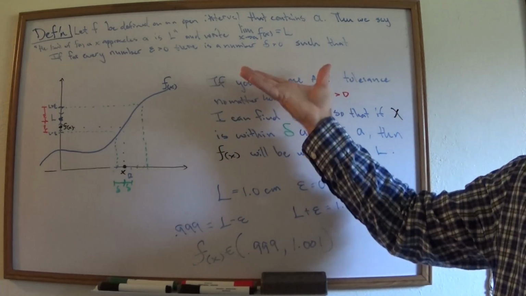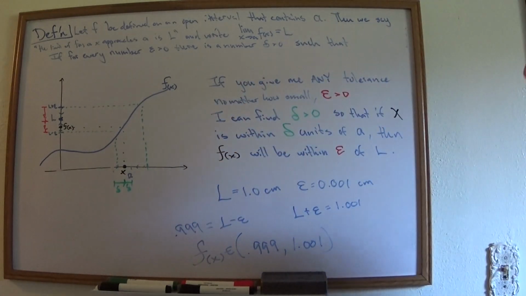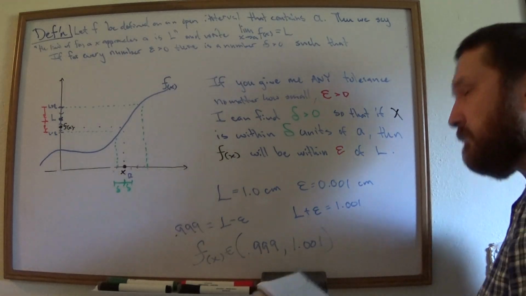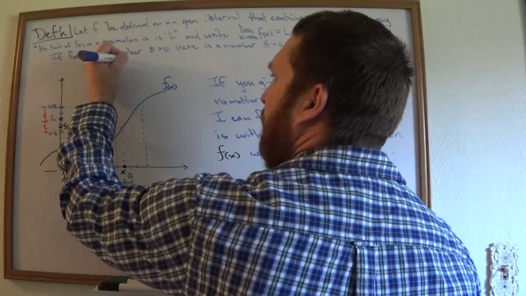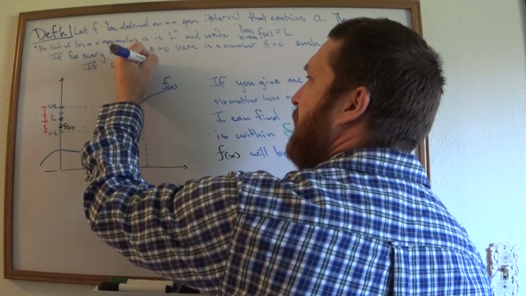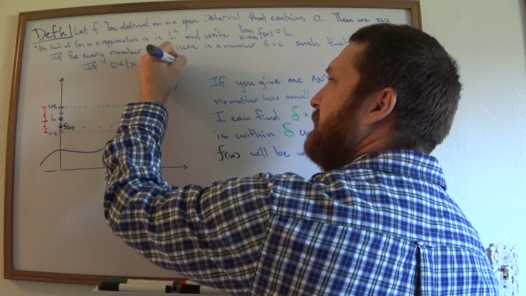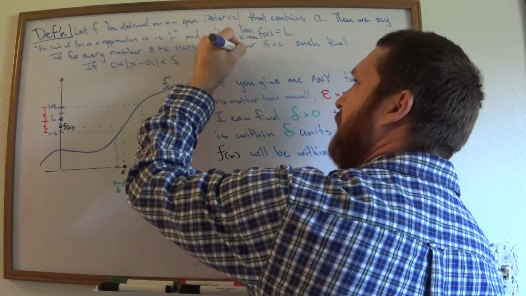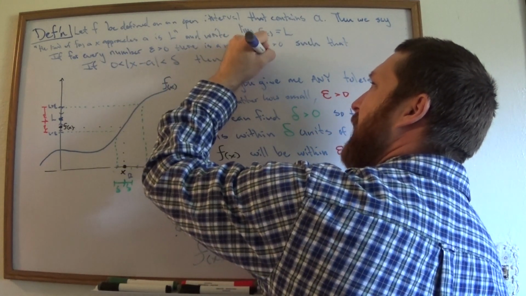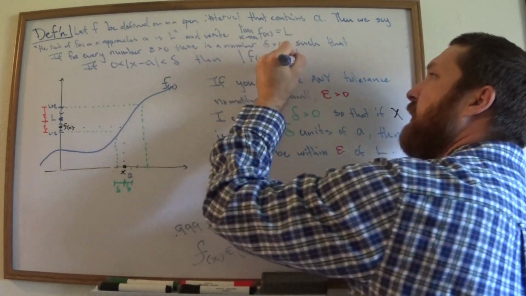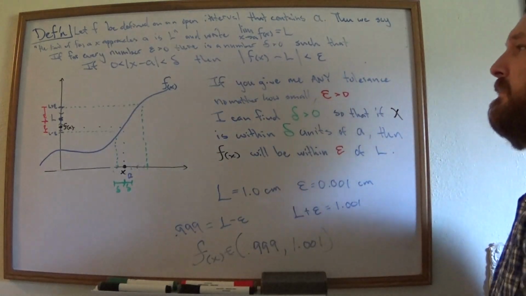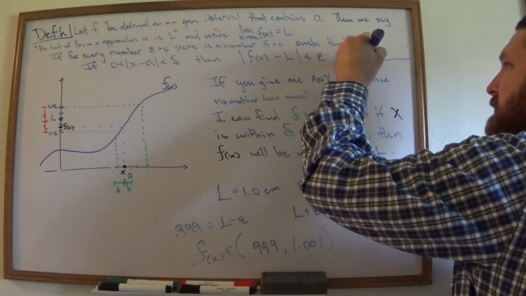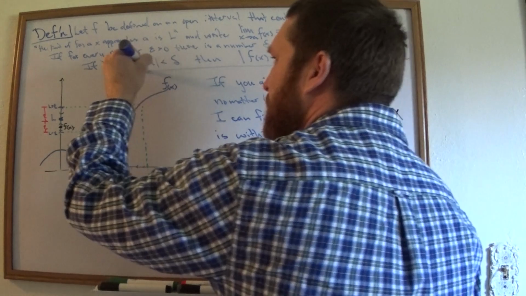Well, we're going to translate all of this into math speak now, and this is how you do it. That if the distance from x to a is less than delta, then the distance from f to L is less than epsilon. That is the rigorous definition of a limit.